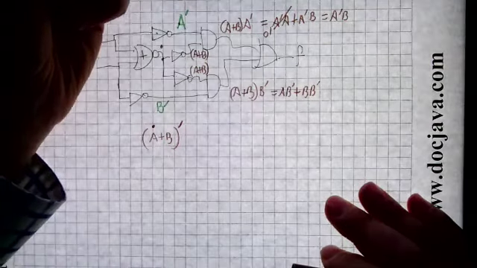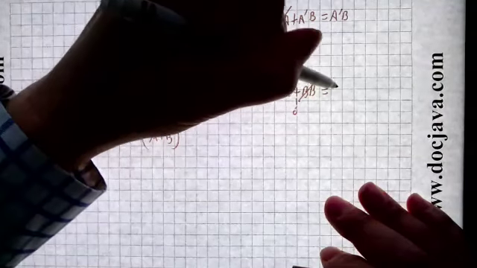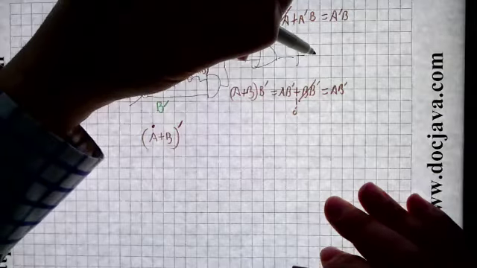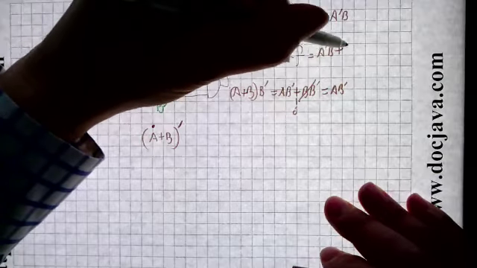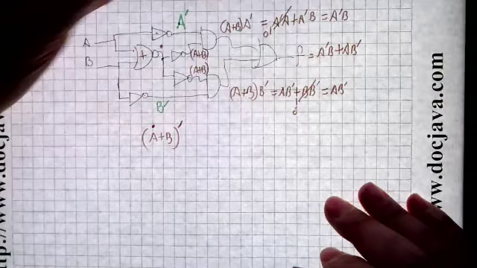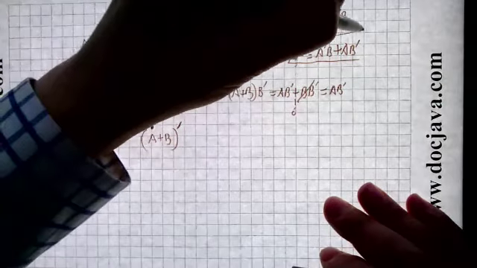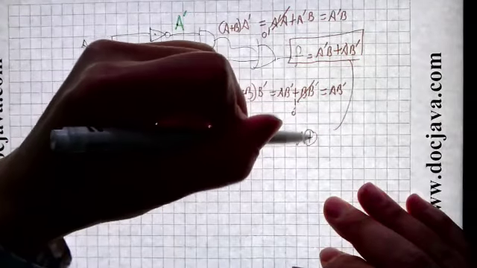But similarly, B B prime also goes to 0. So that must be equal to A B prime. So at the end of the day, F is equal to A prime B or A B prime. And this expression is the same thing as A exclusive OR B.